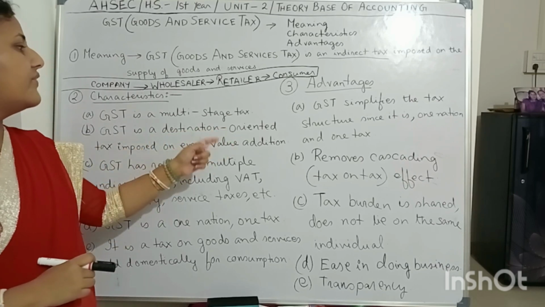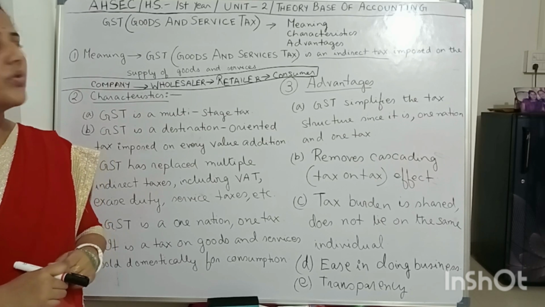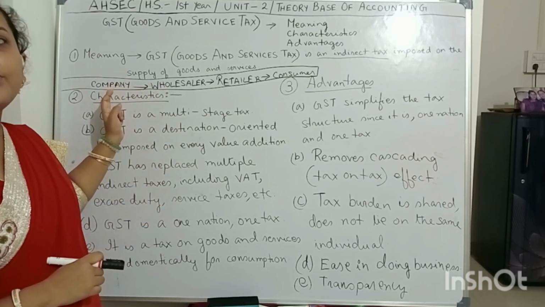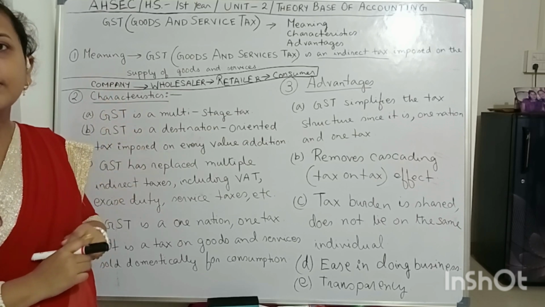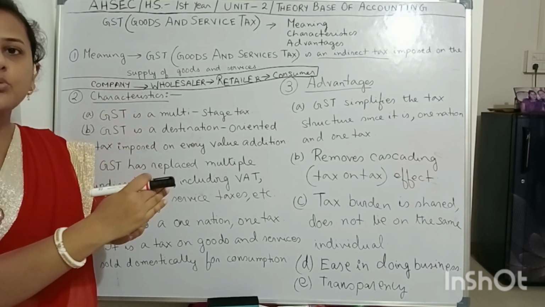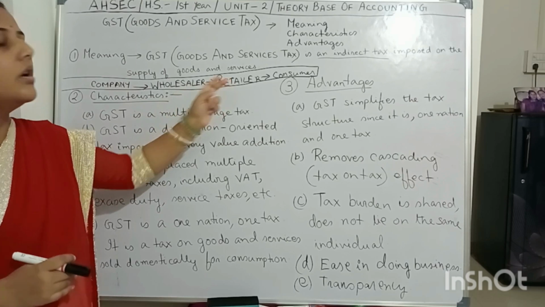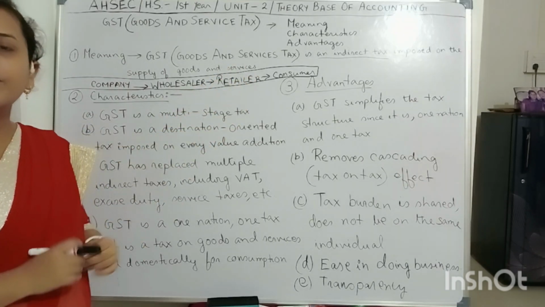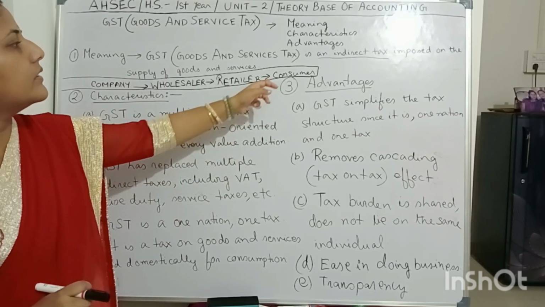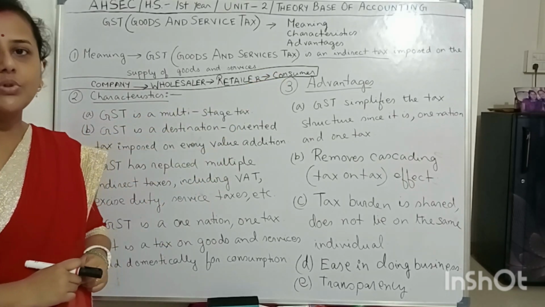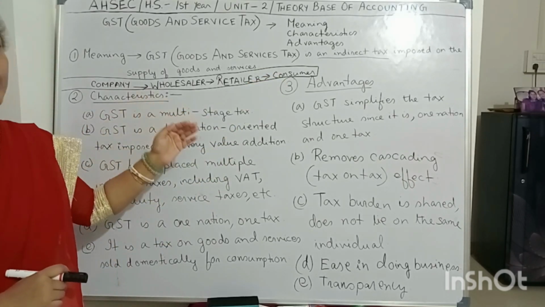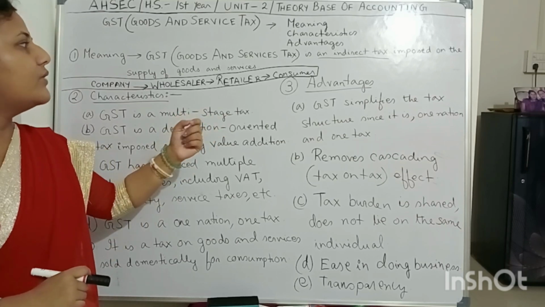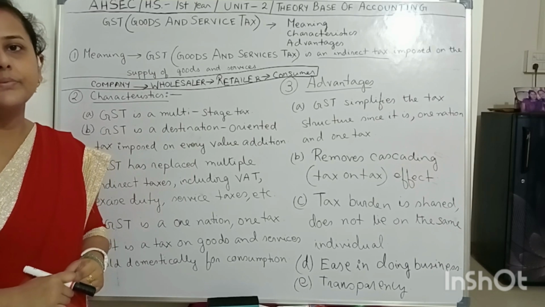It is imposed on every value addition. Value addition means the wholesaler purchases the product from the company at a price, then adds some portion of profit and sells it to the retailer. The retailer again adds some portion of profit and sells the product to the ultimate consumer. So at every stage there is value addition of the product, and on that value addition, GST is paid.